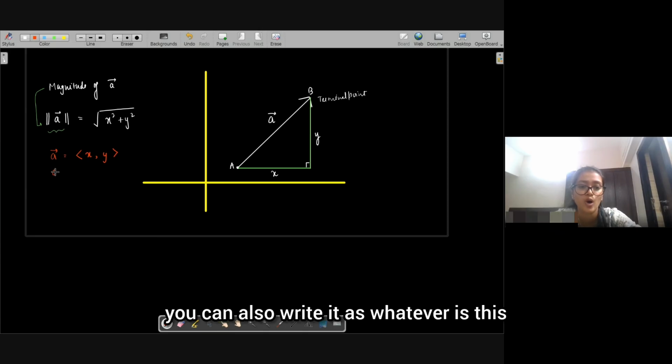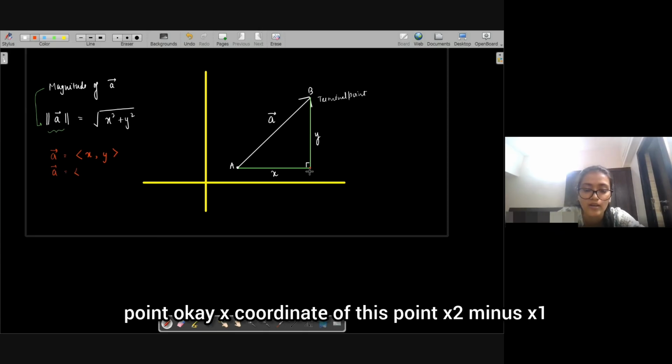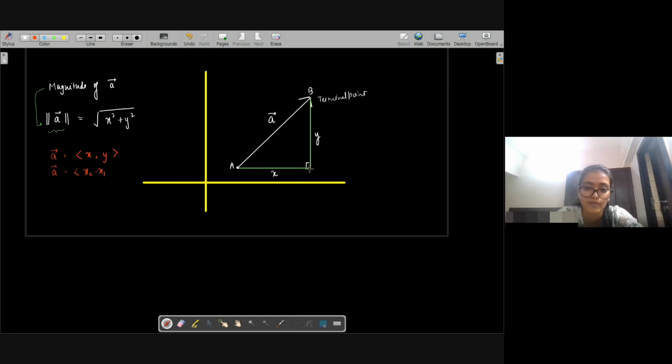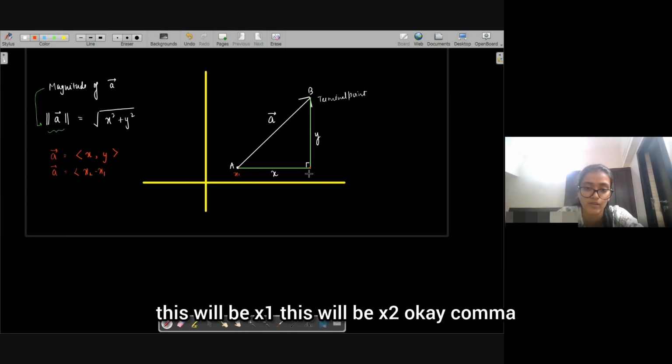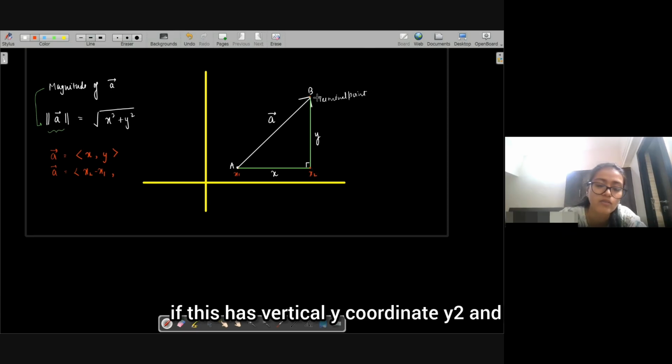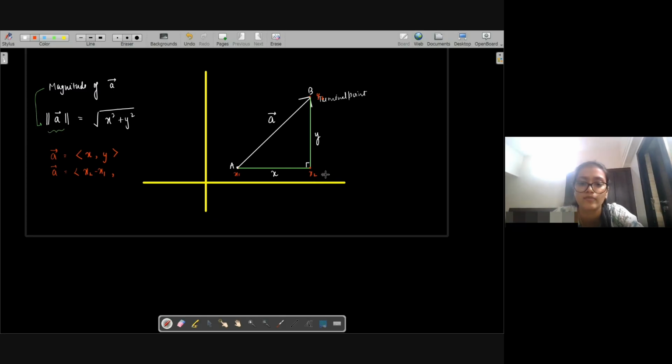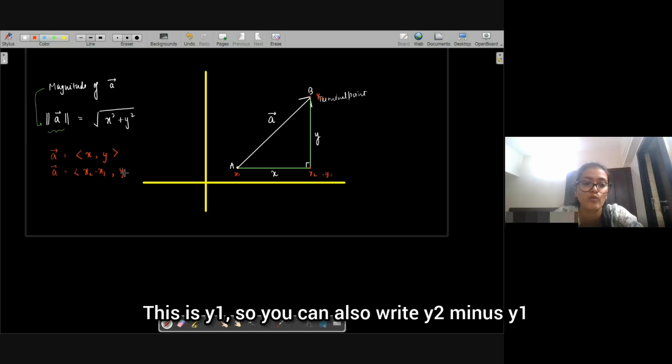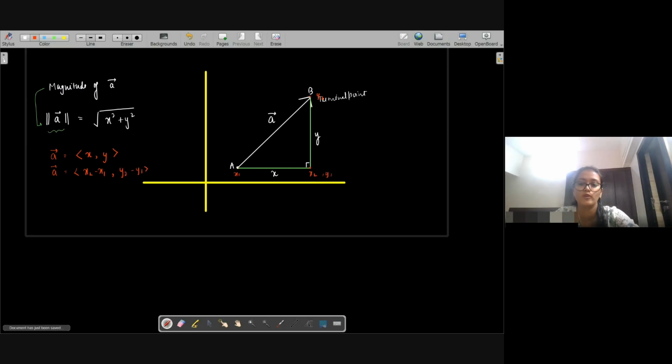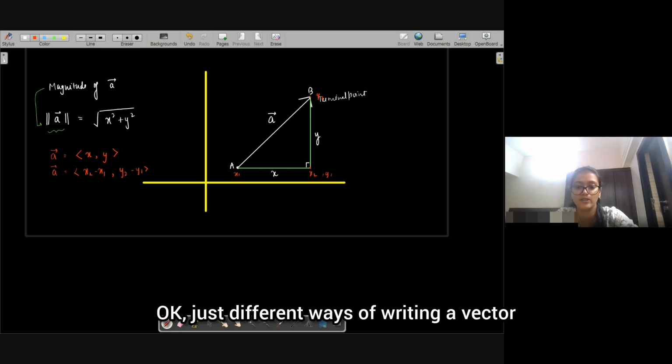You can also write it using the coordinates of the points: x2 minus x1, this will be x1 and this will be x2, comma, y2 minus y1, if this has vertical y coordinate y2 and this is y1. Just different ways of writing a vector.